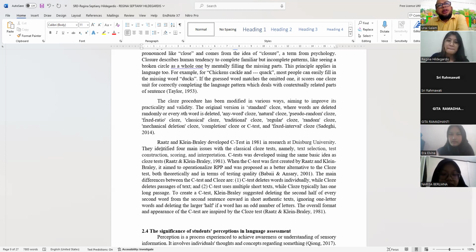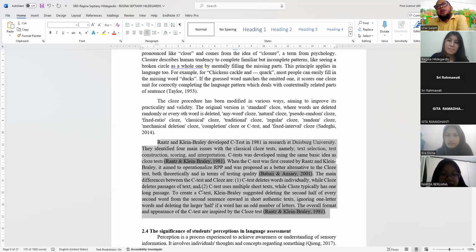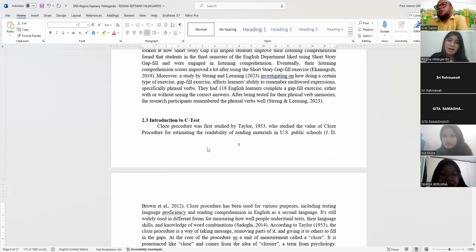If it is the case, do you think that the student needs to know about that, or the teacher needs to know about that? Because usually a test is for the teacher. I mean, a test is a kind of tool for teachers to measure their students.